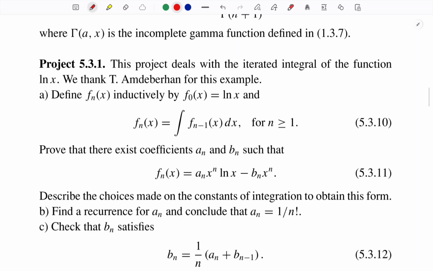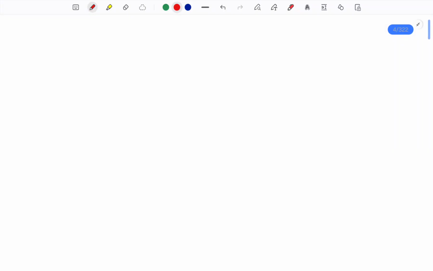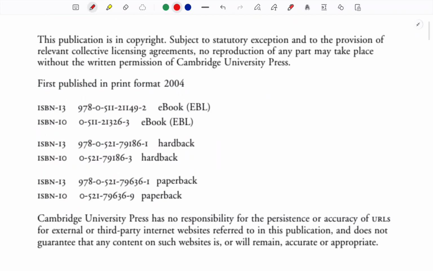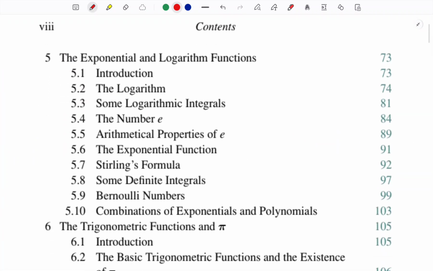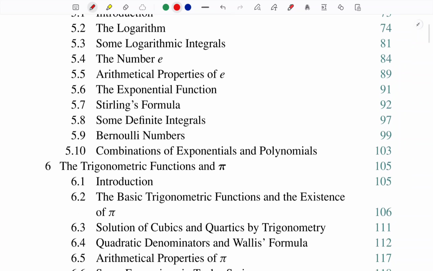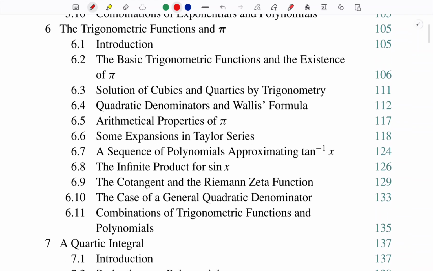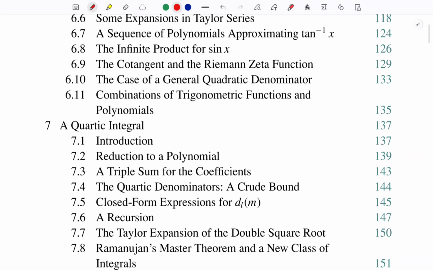I think I should get back to the contents because I'm not having a lot of things right here, and I would be going to integrals as I'm a lover of that. Stirling's formula, some definite integrals, Bernoulli numbers. Quartic integral.